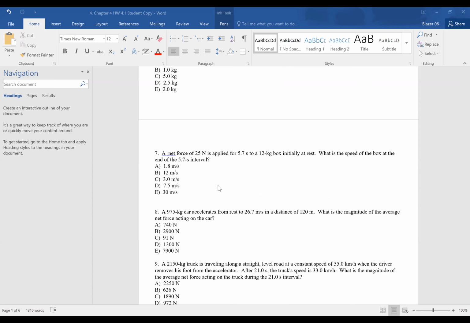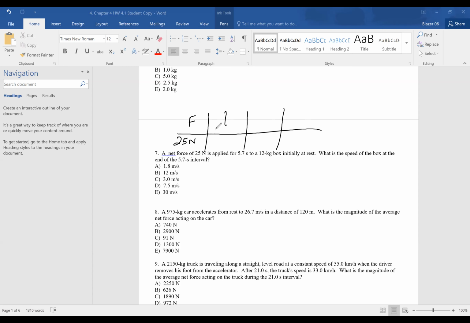What does number 7 say? Number 7 says a net force of 25 newtons is applied for 5.7 seconds to a 12 kilogram box initially at rest. So let's identify what is given in this problem. First, we have a net force. So my force is 25 newtons. It is applied for 5.7 seconds.